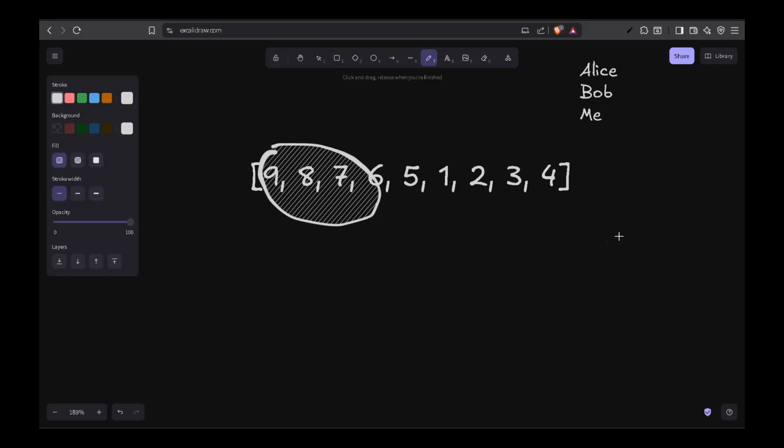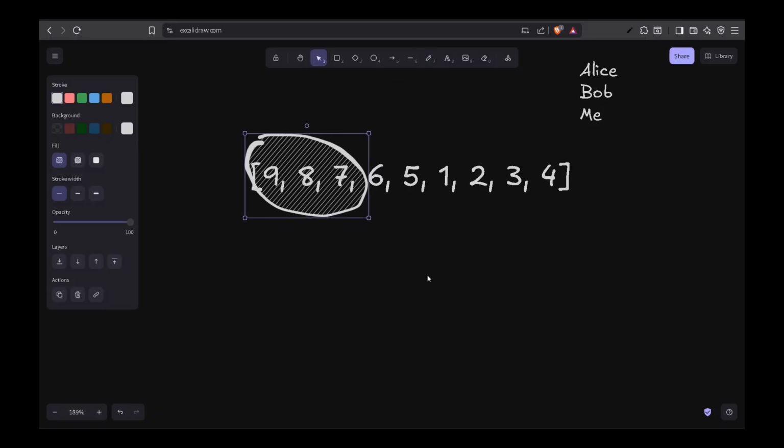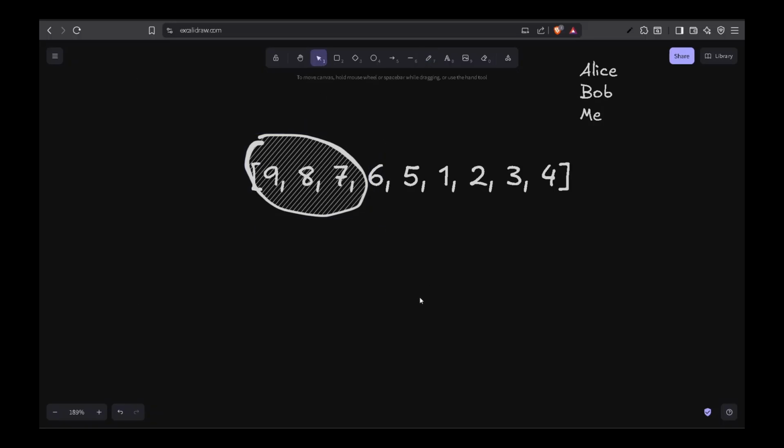This means the question states that if I pick 3 piles, the pile containing the most coins would be taken by Alice, right? The pile containing the most will be taken by Alice.